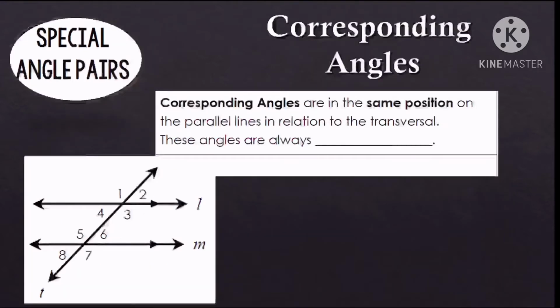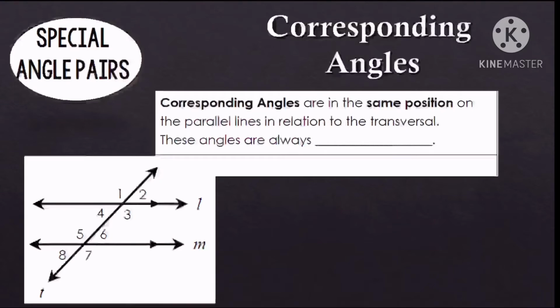When you have a transversal and parallel lines, you have special angle pairs that are formed. Look at this picture here. When there are two parallel lines and a transversal, 8 angles are formed. Okay? These 8 angles have special relationships.